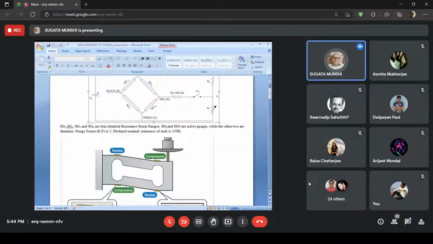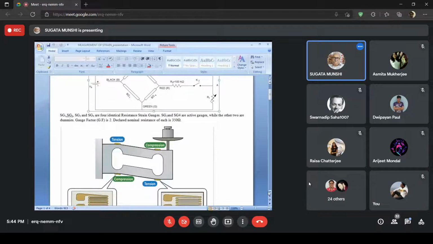These load cells are used when you yourself stand on a digital weighing machine. This load cell is there. It's used in weighing bridges. You have seen when passing through the highways, those weighing bridges for trucks carrying commodities.